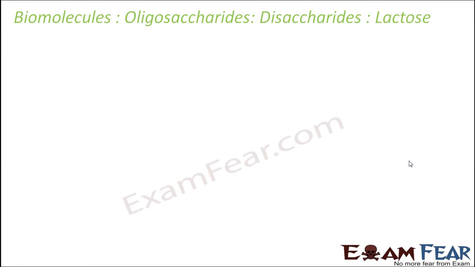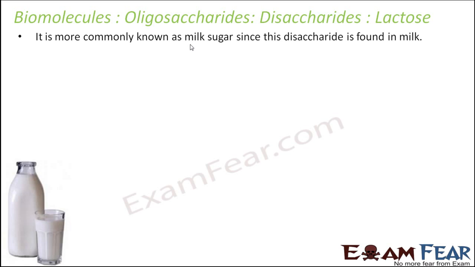The third one is lactose. It is commonly known as milk sugar. Anything related to milk is named after lact. For example, for kids you have Lactogen, a substitute for milk, the lactation period for women when they are feeding their babies, and lactic acid, which is also related to milk.